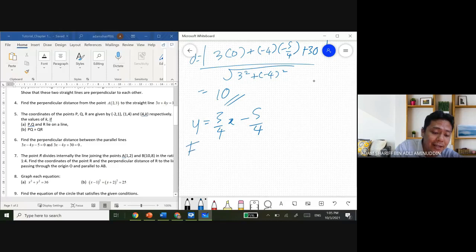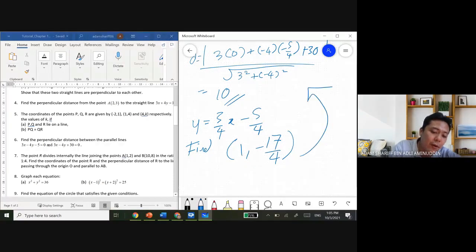I find another point. So point saya yang kedua ialah 1, -17/4. I put into the formula of the distance and it yields the same answer, 10. Okay, I hope you get 10 as well.